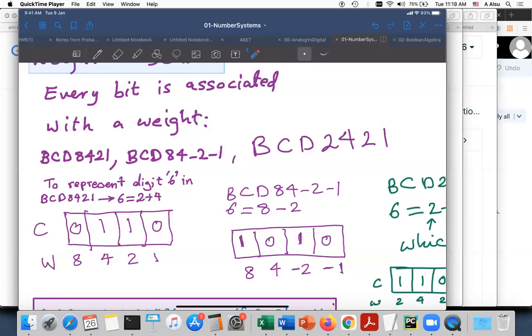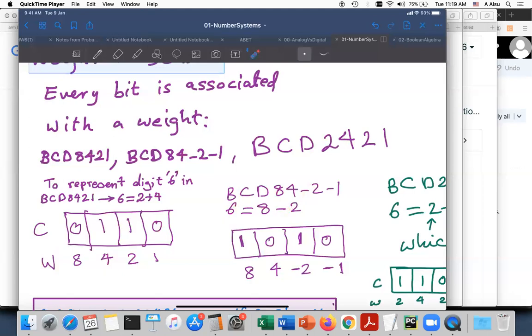Okay, let's take another example for another code. Another weighted code is BCD 8 4 -2 -1. So we have negative weights now. If we'd like to represent the 6 using this BCD code, it is going to be 8 minus 2. So 8 minus 2 is 6.